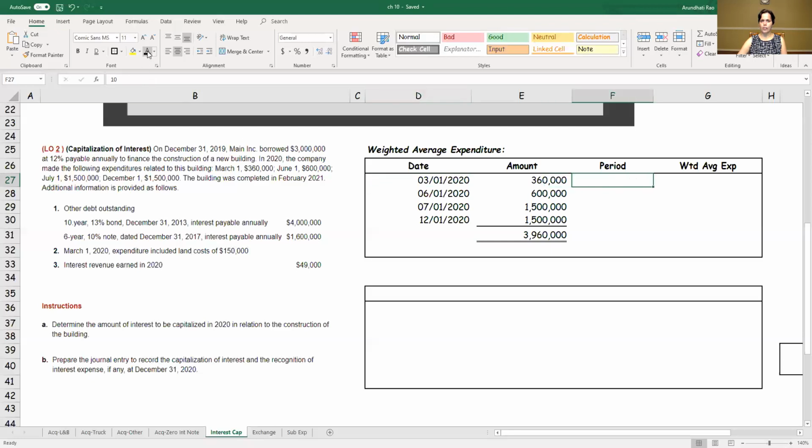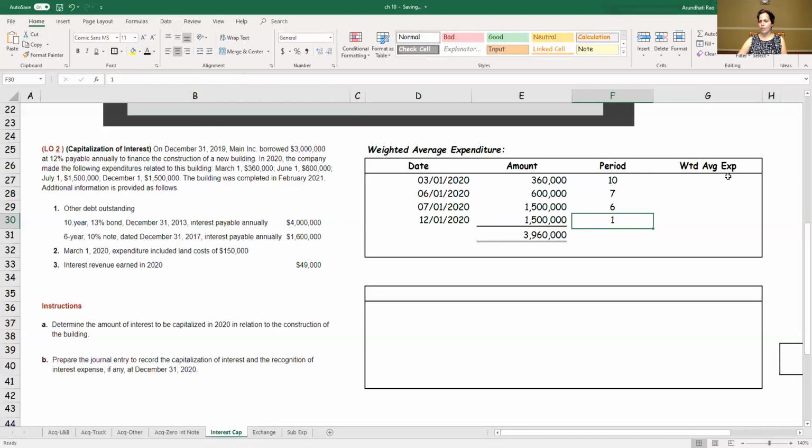The relevant period is only 10 months. March 1st through December 31st is 10 months. So let's do the same for the next three. June 1st through December 31st is going to be a total of 7 months. July 1st onwards is going to be 6 months. December 1st through December 31st obviously is just 1 month.